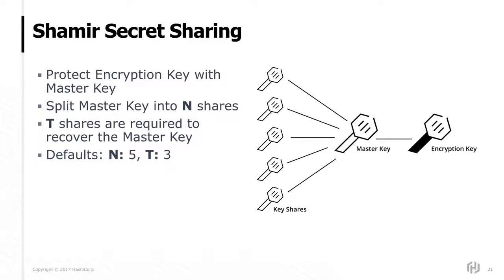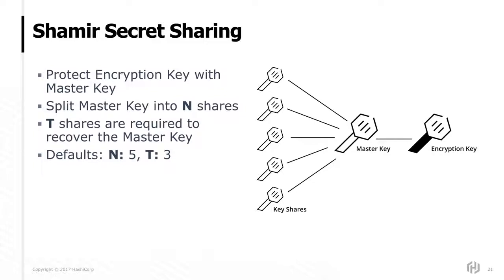And then we take the master key, and instead of storing it somewhere, we split it into n number of shares. And we tell Vault we require t number of shares to come together before we can recover the master key. So by default, Vault splits it into 5 pieces and has a threshold of 3.